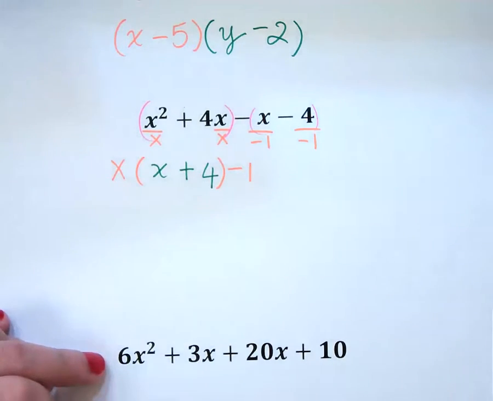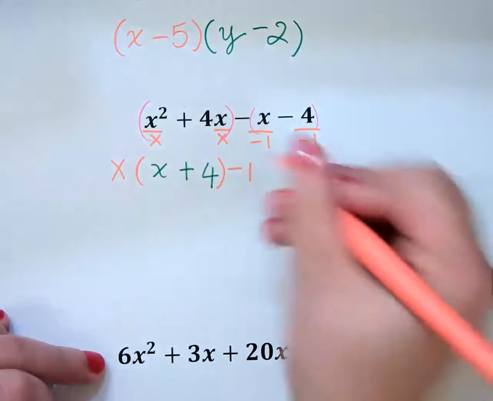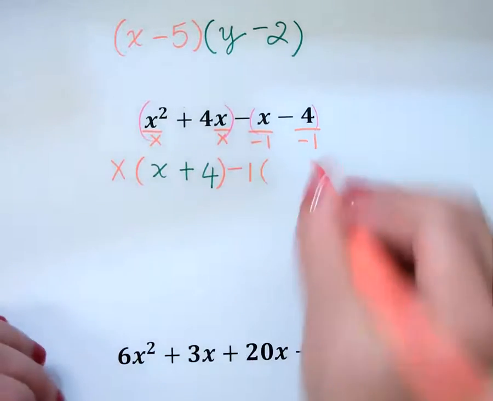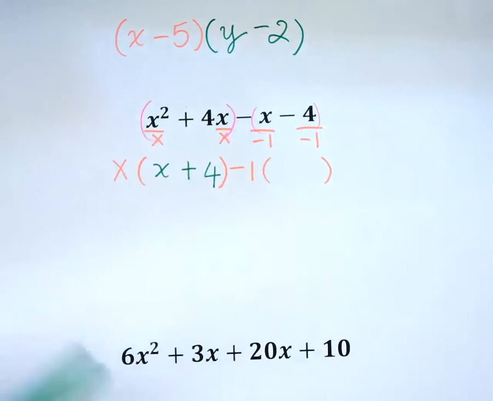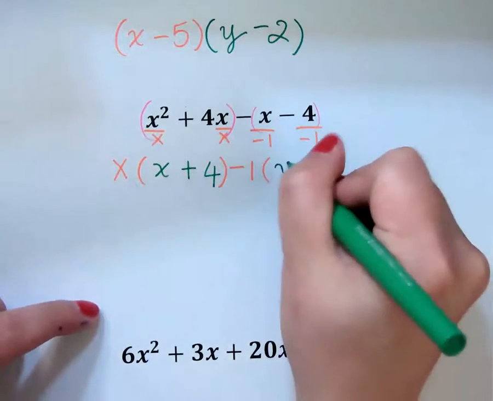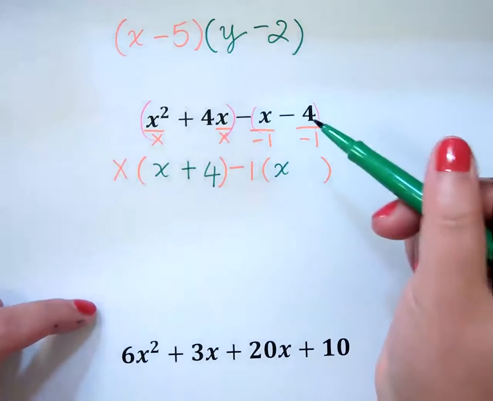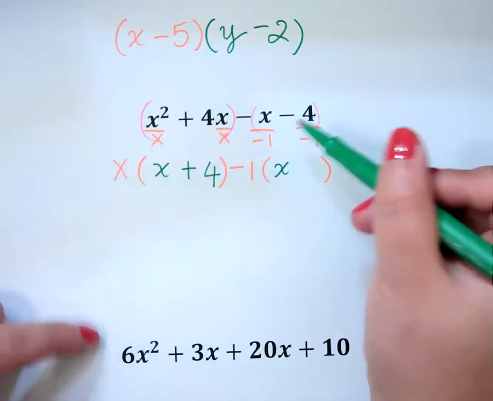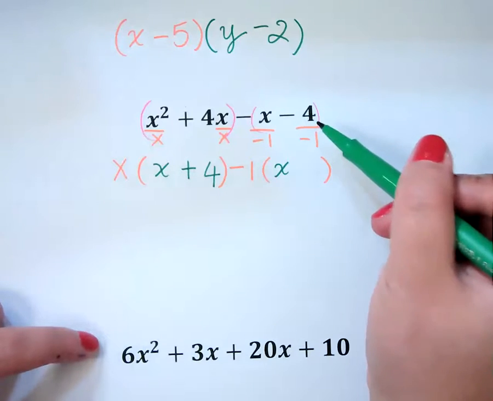You factor out the negative 1 from both of them. Let's write whatever is left over inside a parenthesis. Negative x divided by negative 1 will give you positive x. Basically, if you divide by a negative number, everything changes sign.